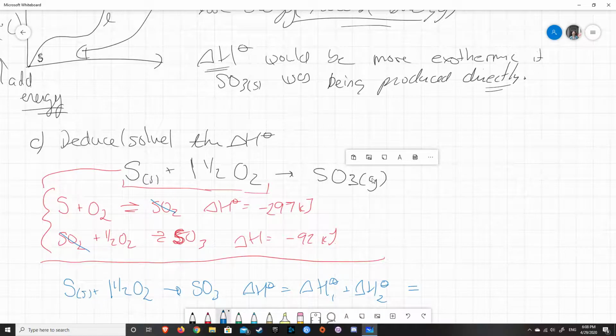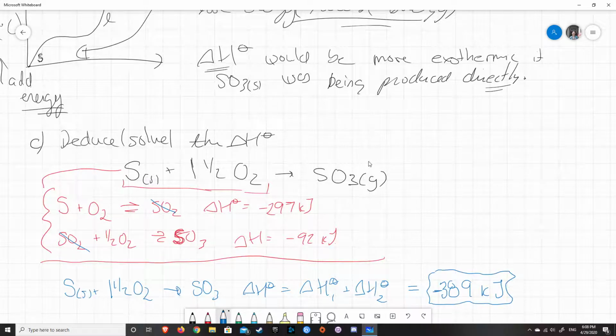Negative 297 plus negative 92. So our delta H of this final reaction is going to be negative 389 kilojoules. And that is our final answer to number 11.